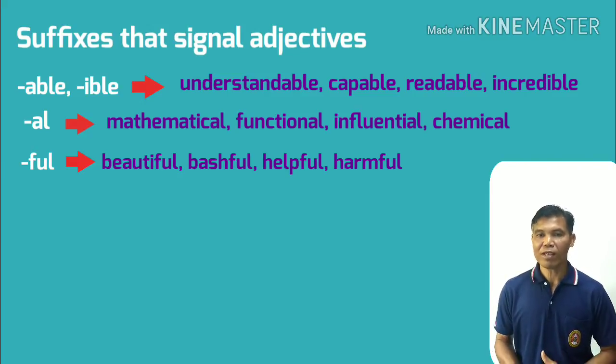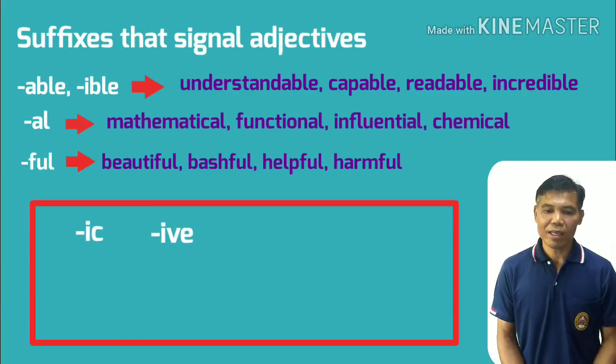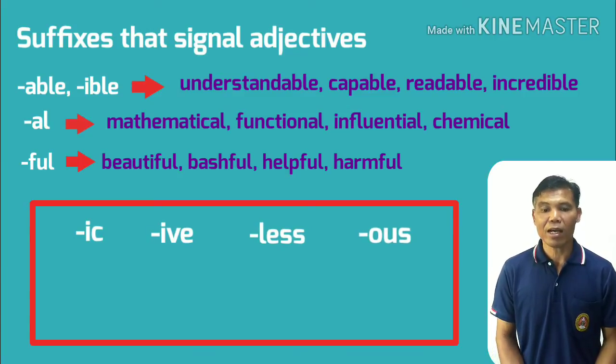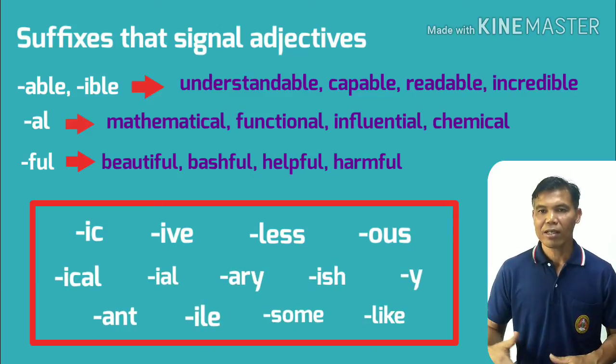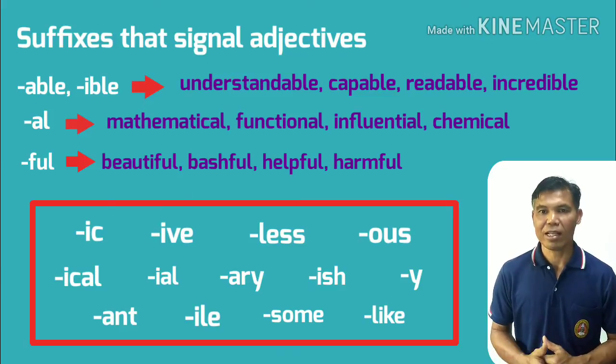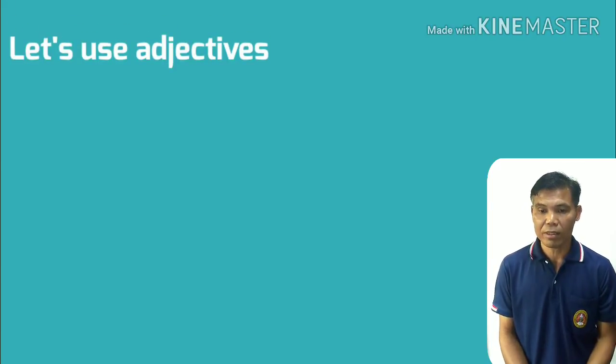There are more suffixes that signal adjective. For example, IC, IVE, LE, SS, OUS, IOUS, AL. These suffixes can tell that the words you see is an adjective. Now, it is time to look at how to use correct order of adjective to describe nouns.